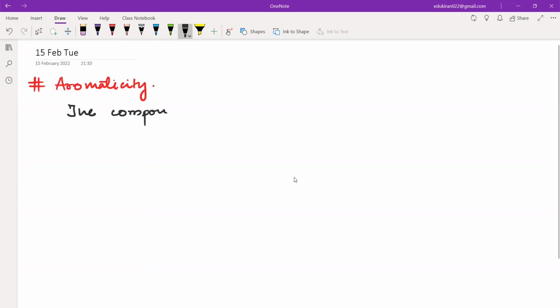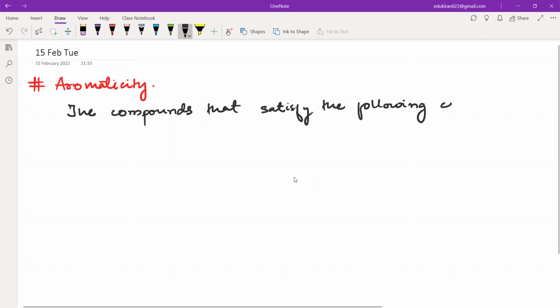The compounds that satisfy the following criteria are aromatic compounds.